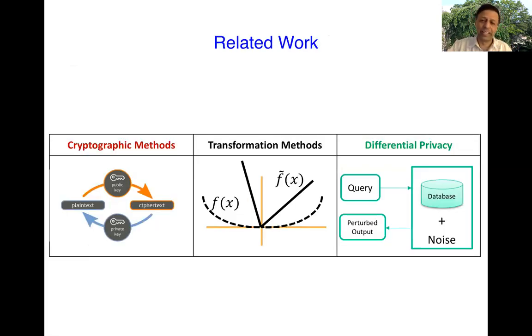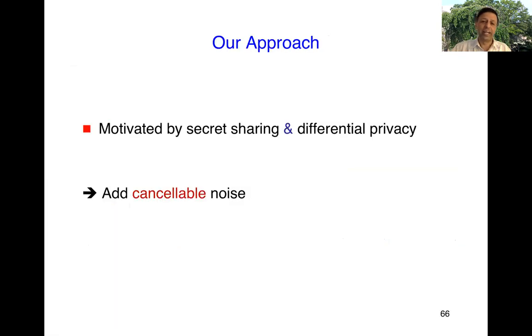So people have looked at this particular problem for many, many years. There are many methods, and they all have their pros and their cons. What I'm going to tell you about very quickly is our approach, which is motivated by differential privacy and also by secret sharing. Secret sharing is a very different technique from differential privacy. But when you combine the intuition behind those two, you get the solution that we have.